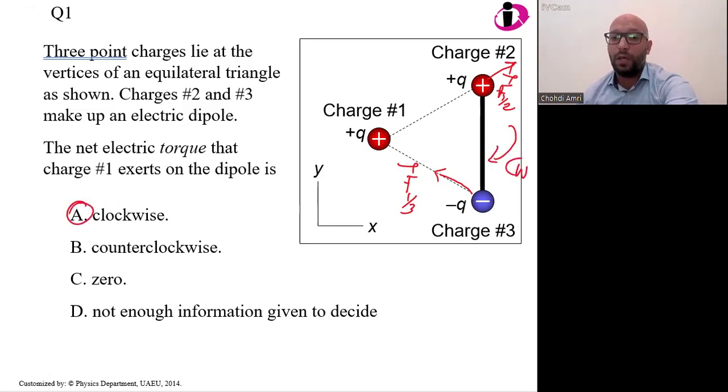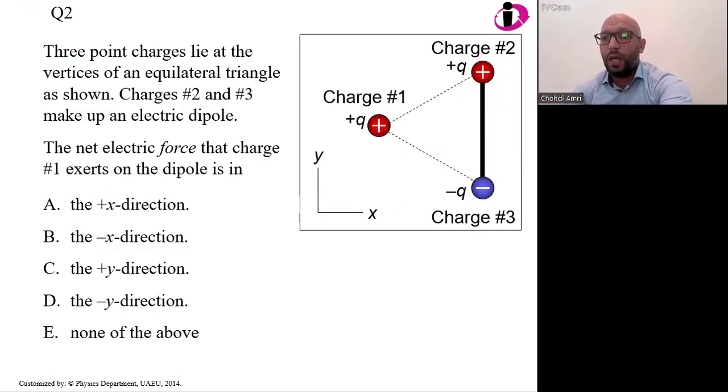Let's move on. Three point charges lie at the vertices of an equilateral triangle as shown. Charge 2 and charge 3 make up an electric dipole. The net electric force that charge 1 exerts on the dipole is along the positive x direction, negative x direction, positive y direction, negative y direction, or none of the above?